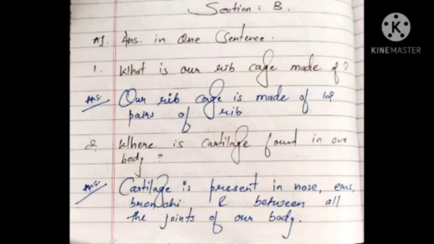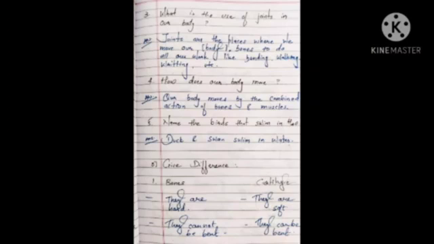Now talking about section B, answer in one sentence. The first one is: what is our rib cage made of? And the answer is our rib cage is made up of 12 pairs of ribs. Second question is: where is cartilage found in our body? And the answer is cartilage is present in nose, ears, bronchi, and between all the joints of our body. Third one is: what is the use of joints in our body?